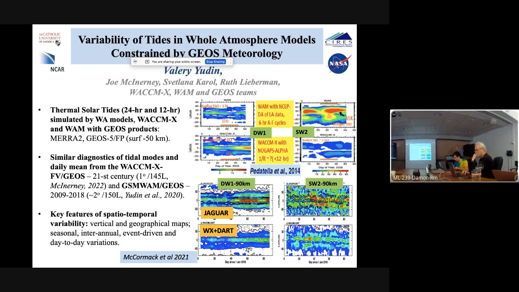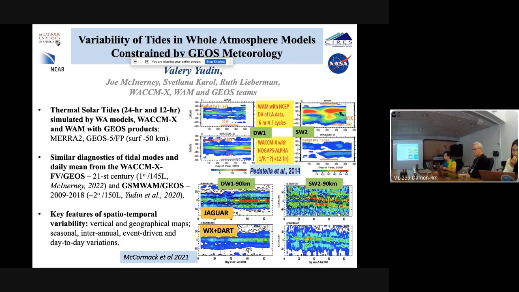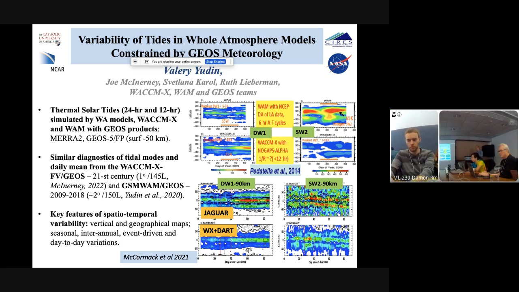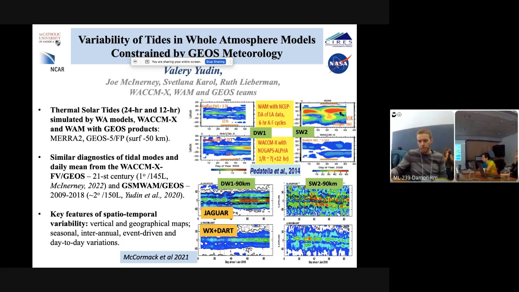We have a wonderful WWG observing system product, the analysis of GEOS 5.5. We match or specify the analysis tendency from the surface to 50 kilometers, run this model for several years, and do diagnostics of tides, main tidal modes, and the 24-hour and 12-hour oscillations.